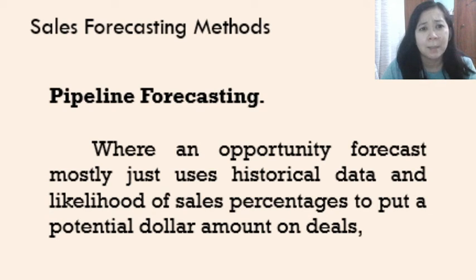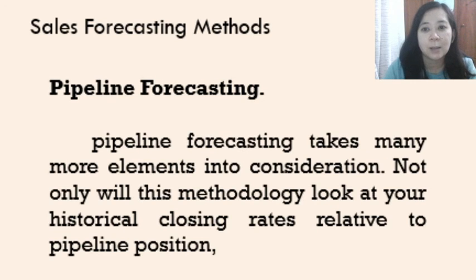Okay, so the next forecasting method is what we call pipeline forecasting. So here, an opportunity forecast mostly just uses historical data and likelihood of sales percentages to put a potential dollar amount on those deals. The pipeline forecasting will take many more elements into consideration.